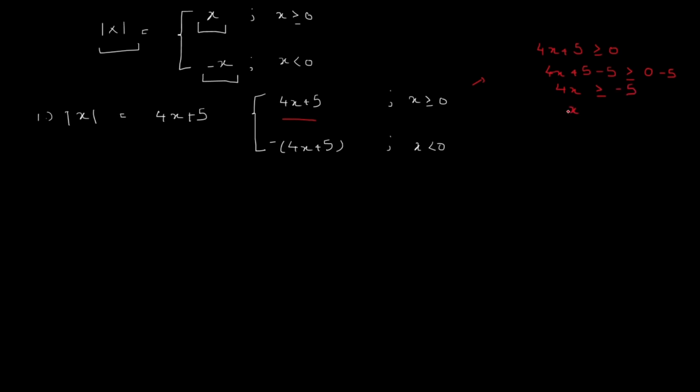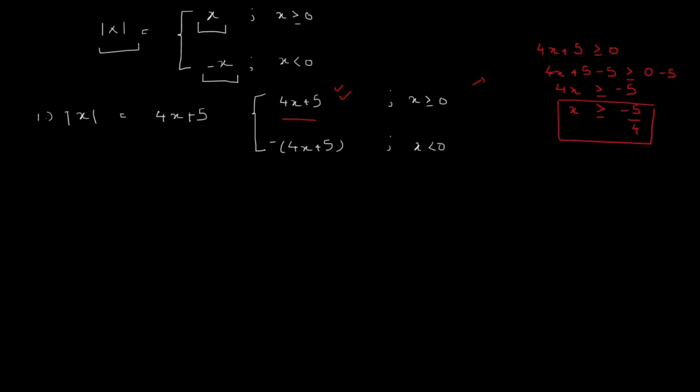Then divide both sides by 4. This gives us minus 5 by 4. So whenever x is greater than or equal to minus 5 by 4, this equation is valid.